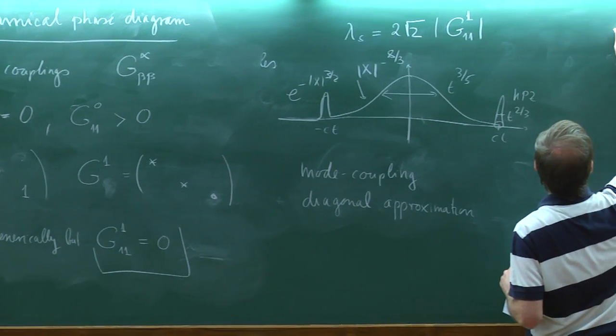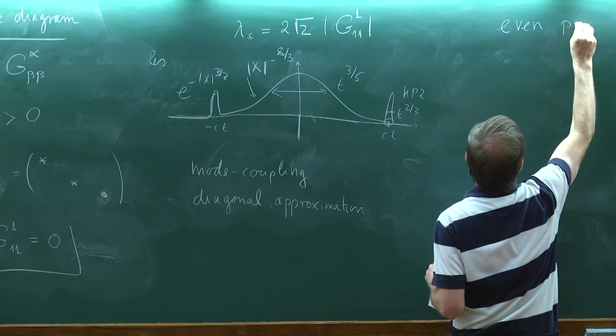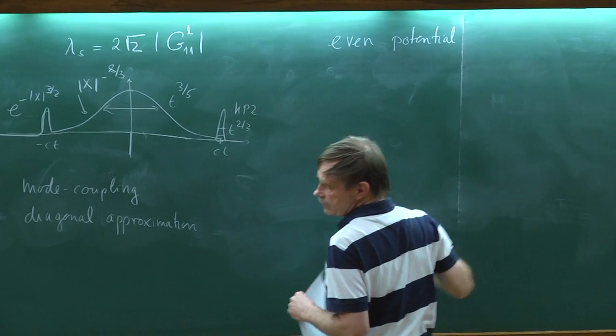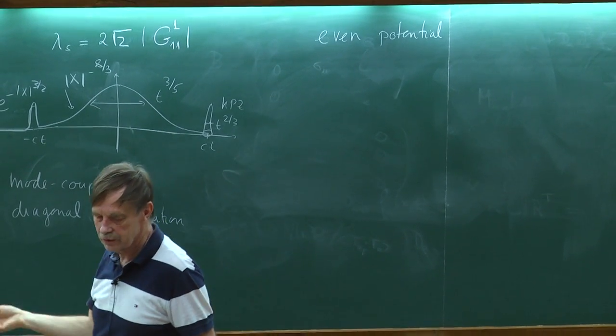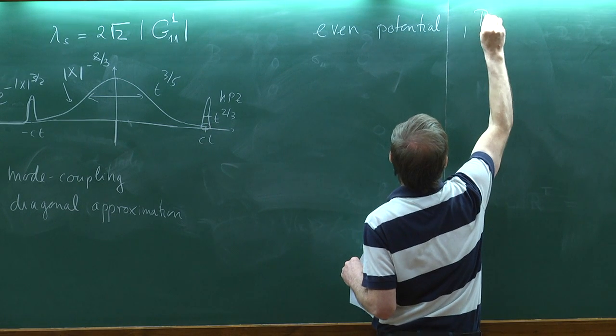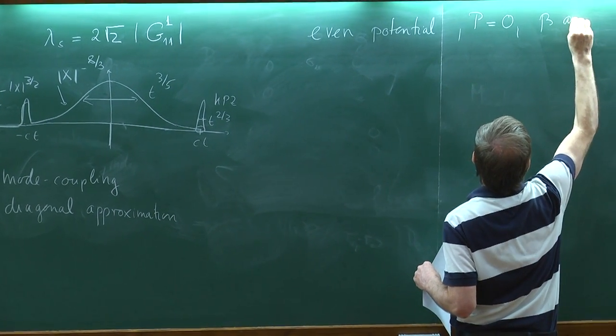Okay. So there's one case which people knew already for a long time. That's the case of an even potential. Even just means that when I reflect at the origin, it will stay the same, and pressure P equal to 0. Beta is arbitrary.